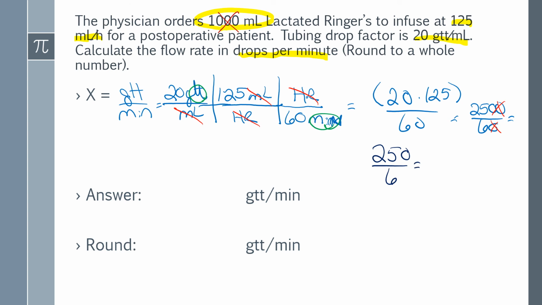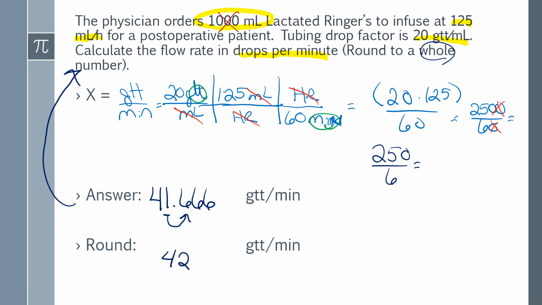And if you do the math on that, you're going to end up with 41.666. Now remember, drops need to be a whole number, but it's already written right here. So we're going to be left with 42 drops per minute.